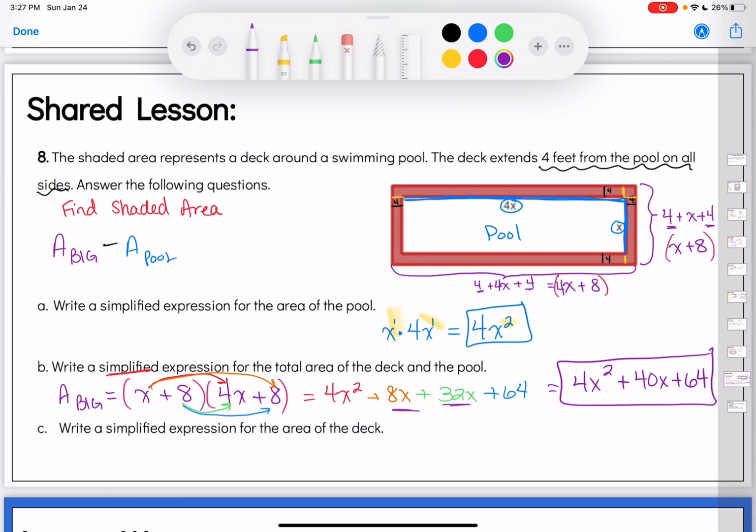Now, it wants to find the shaded area here at the end. The area of the deck is the shaded area, which equals the area of the big minus the area of the pool, right?